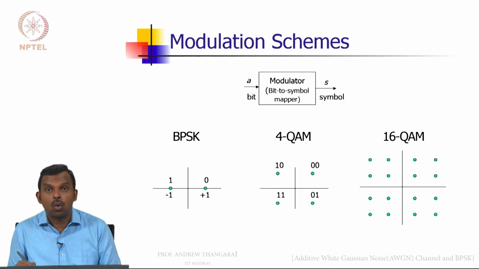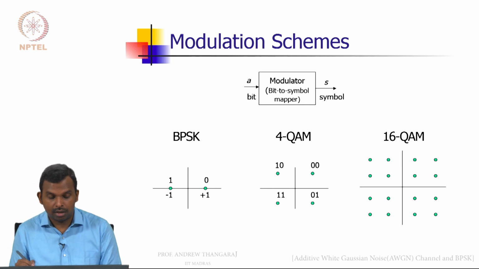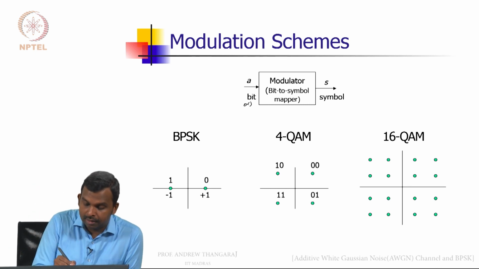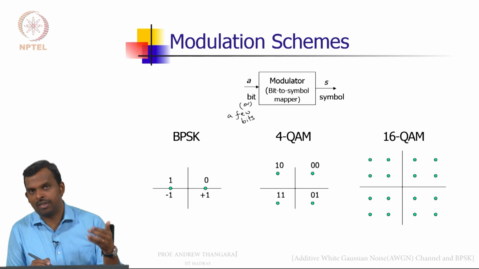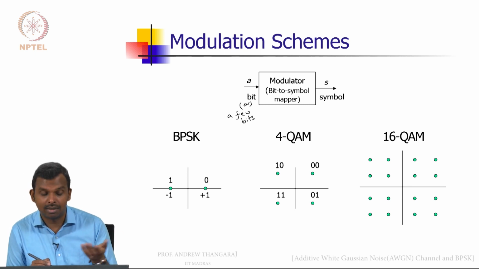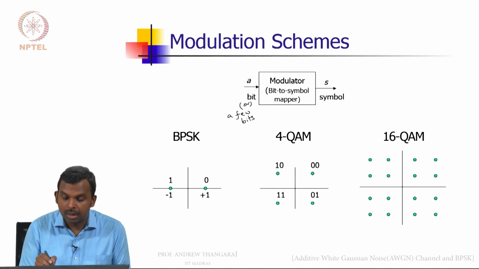Okay. So, what are the various modulation schemes that are used and practiced today? Okay. So, like I said, you have a bit or maybe a few bits. A few could be 2, 3, 4, 5, 6. Today people use even 10 bits sometimes for doing modulation, and you take these bits and convert them into a symbol.